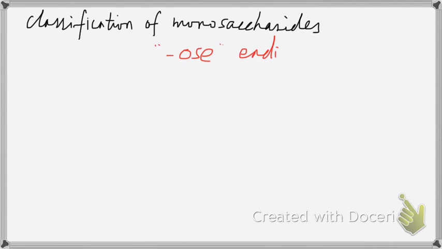So now let's focus on monosaccharides. Monosaccharides can be classified based on different criteria, but when we call these compounds, we always use the OSE ending in their names, like glucose has an OSE ending, fructose, sucrose, okay, they all end with OSE.